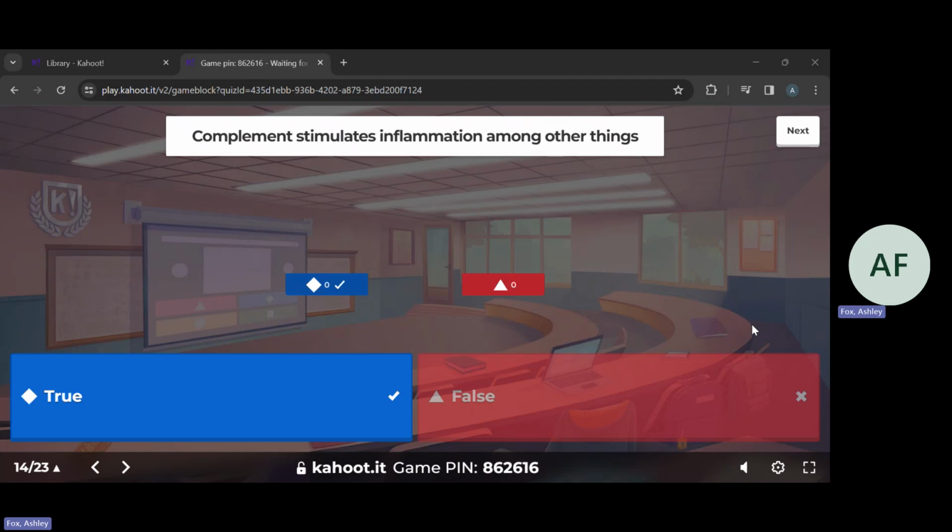It also kills directly. It makes the membrane attack complexes, and they can come in and kill bacterial cells or certain cells themselves by producing the membrane attack complex, popping a hole in the membrane and causing it to be destroyed. So complement does many things. Inflammation is one of them.